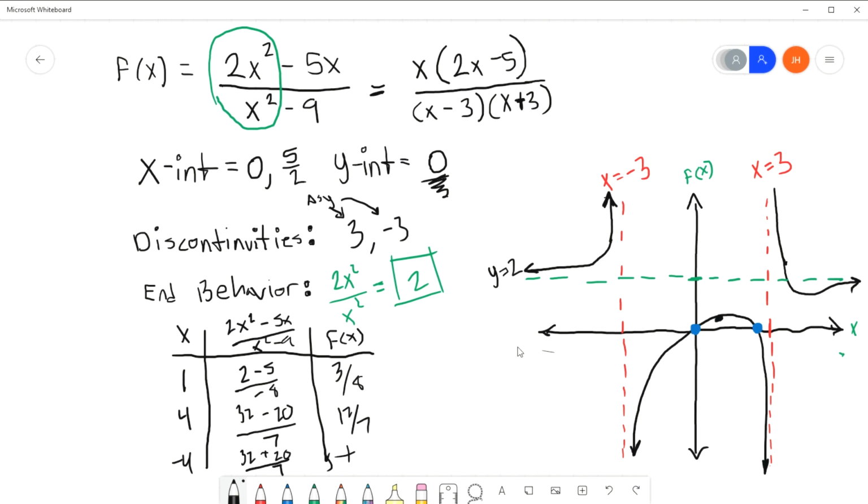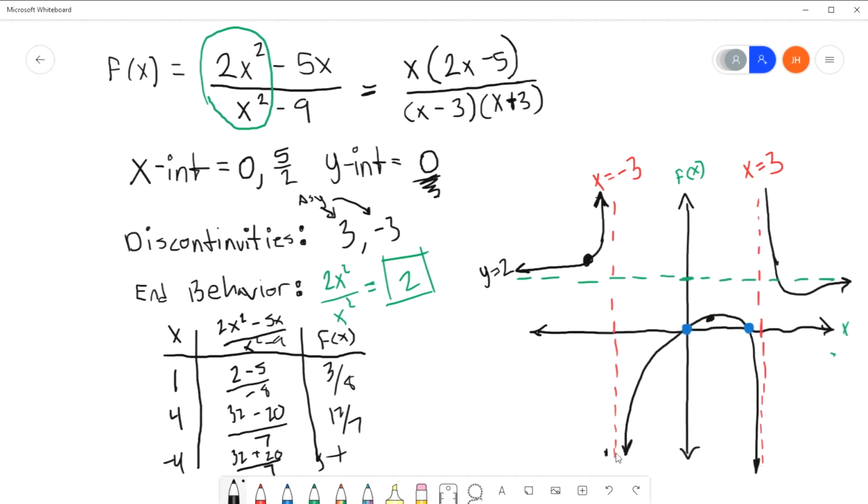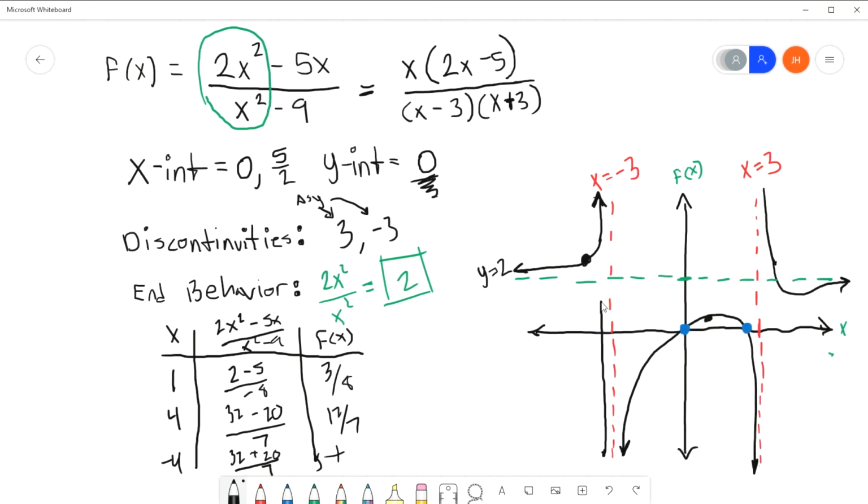If it was coming from down, from negative infinity, and it went up to that coordinate at x equals -4, I would have to cross the x-axis to do that. But I know that there's no x-intercept here, so that must be impossible. So this is where I am.